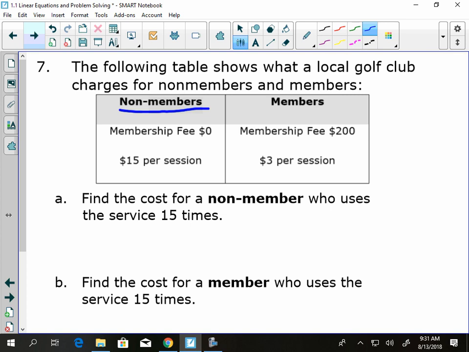I'm going to pay $15 a time, so it's really going to be 15 times 15, isn't it? What is it? 225, thank you. So this is $225. Please put your dollar signs. So a non-member is going to pay $225 to use the service 15 times.